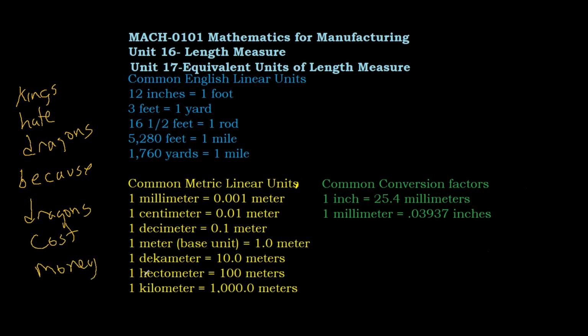So, kings hate dragons because dragons cost money. If you remember this little mnemonic device, you'll always remember the order that they're in.